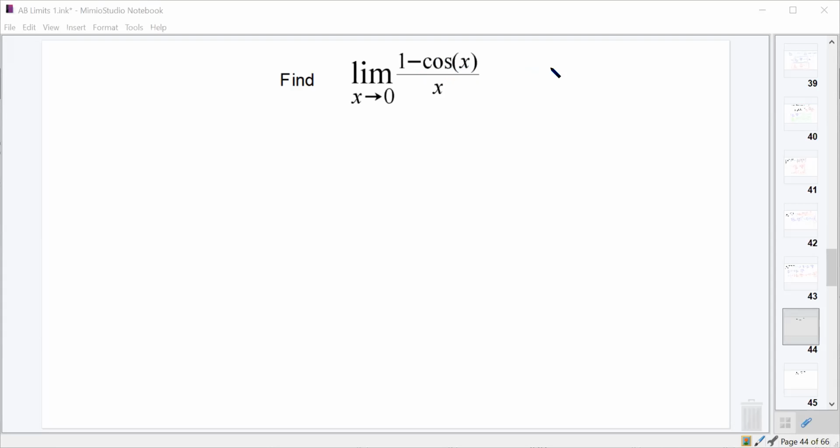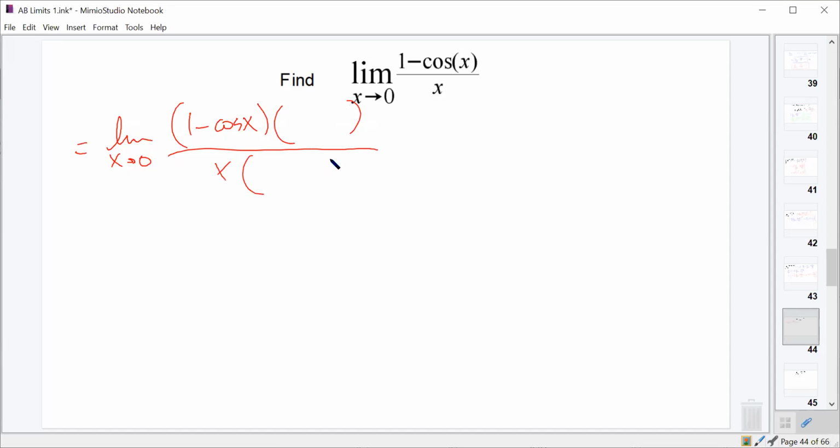What would we have to multiply it by to turn it into 1 minus cosine squared? You'd have to multiply it by 1 plus cosine x. Right, that's the difference of squares, 1 minus cosine x and 1 plus cosine x.